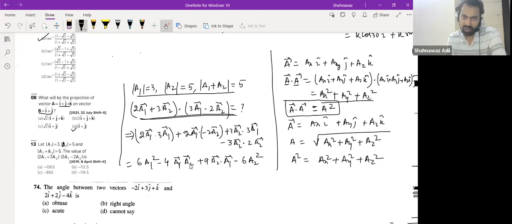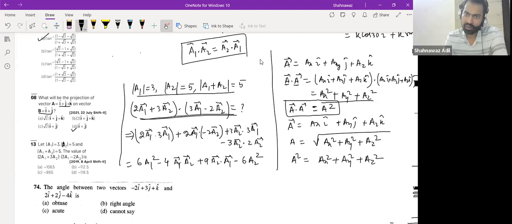So I have a1 dot a2 and a2 dot a1. So this is commutative. So I can write a1 dot a2 as a2 dot a1 because this is commutative. Right? And remember, a1 cross a2 would not be equal to a2 cross a1 because cross product is not commutative, right?